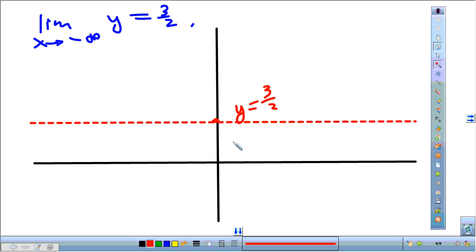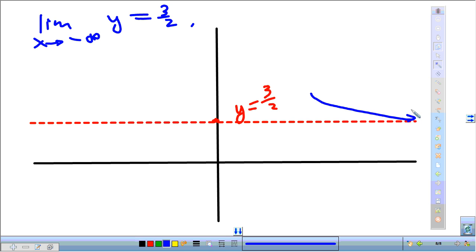So if we look at the horizontal line y equals 3 halves, these limits at infinity are telling us that as x grows without bound, the function graph looks more and more like this straight line.